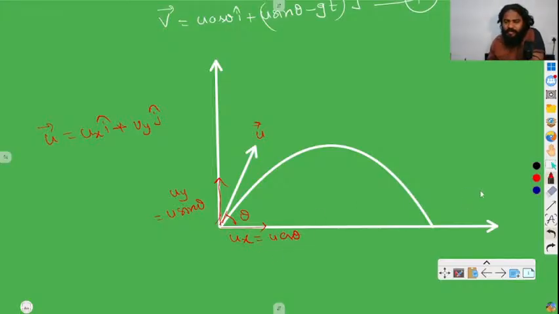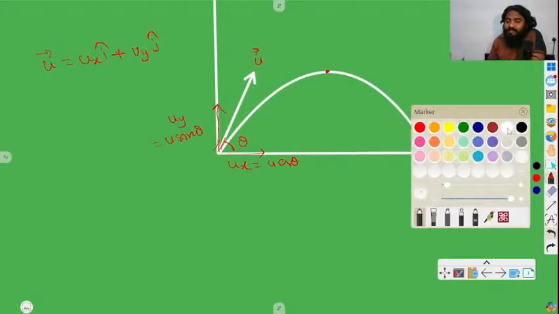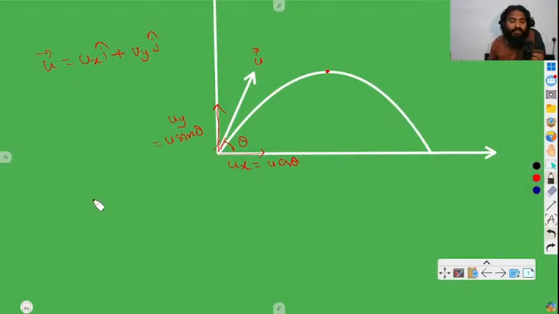Now if you want to find the time of ascent, it is the time taken by the projectile to reach maximum height. What is time of ascent? The time taken by the projectile to reach up to maximum height is called time of ascent.